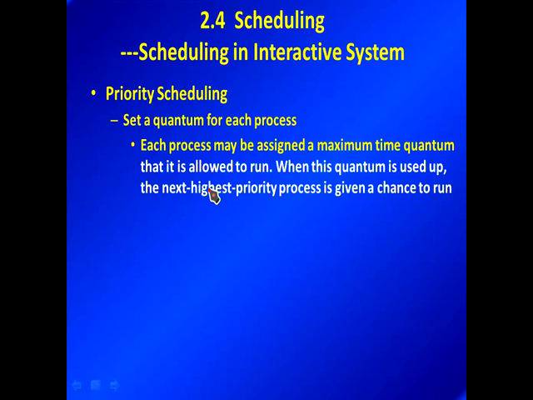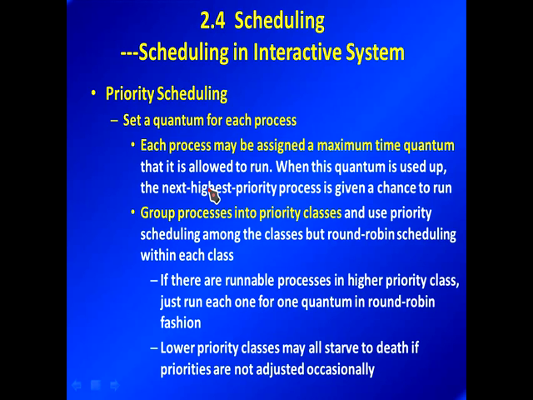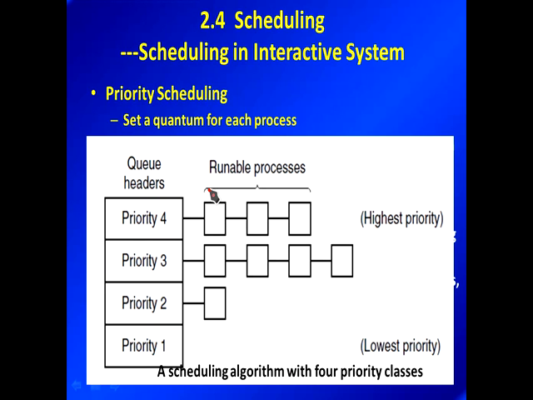We just classify the processes in the system into different classes. So in the same class, they have the same priority. You can check this figure. In this system, we just set four classes. It means all the processes in the system have four different priorities.